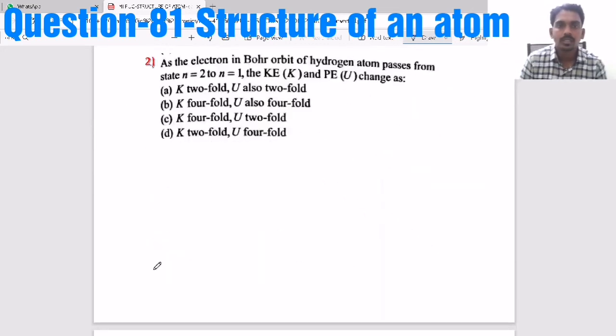Now, the next question is, as the electron in our Bohr orbit of hydrogen atom passes from state n equal to 2 to n equal to 1, the kinetic energy and potential energy change as.